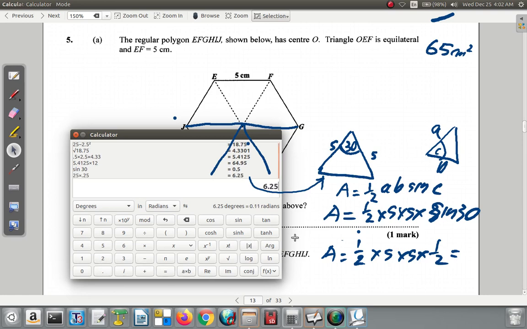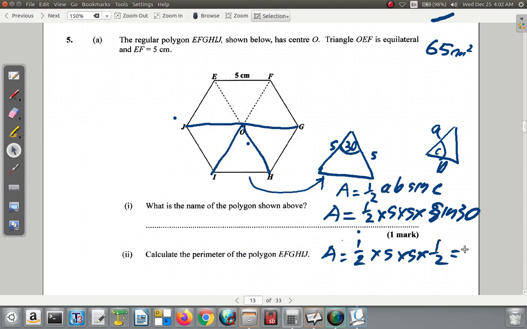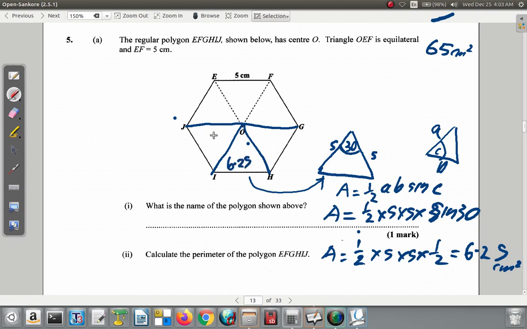You get 6.25. All right. So you get 6.25 centimeters squared for each of these rectangles. I mean, for each of these triangles. So this is 6.25. This also is 6.25.